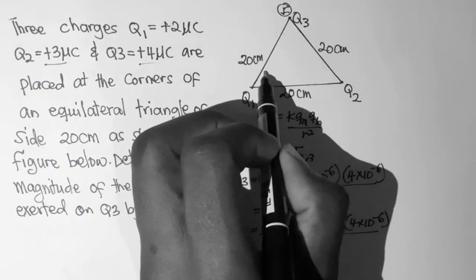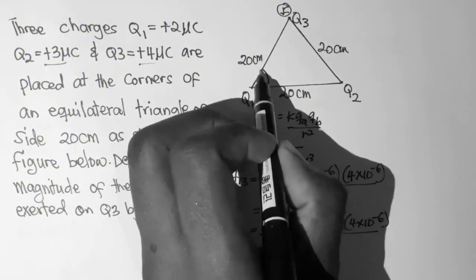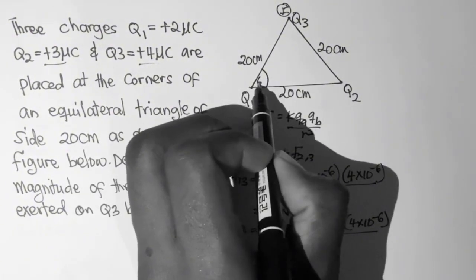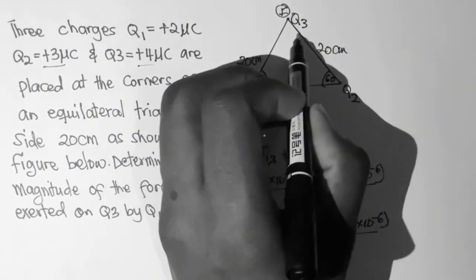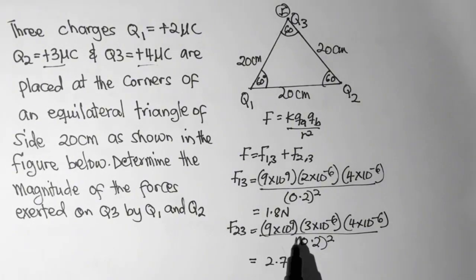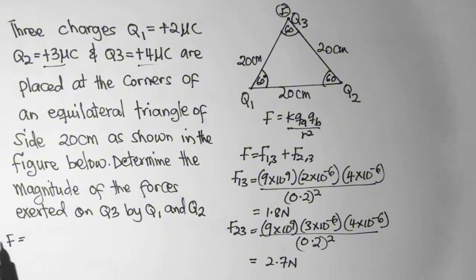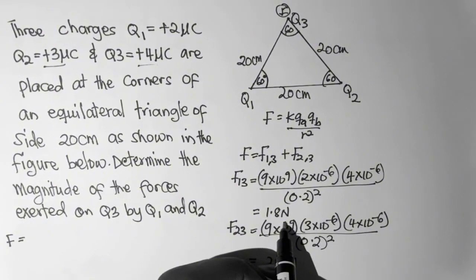But we know that since it's an equilateral triangle, the angle here is 60 degrees. Then the angle here is also 60 degrees, and the angle here is 60 degrees. So what it means is that F is equal to this one, which is the 1.8 newtons.